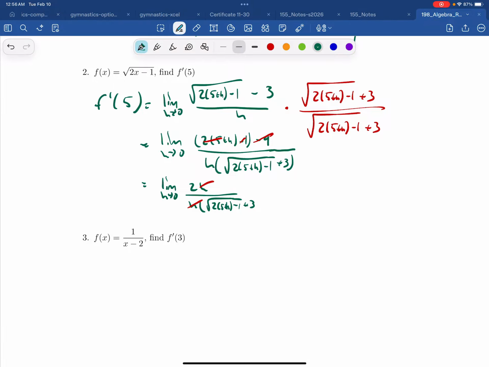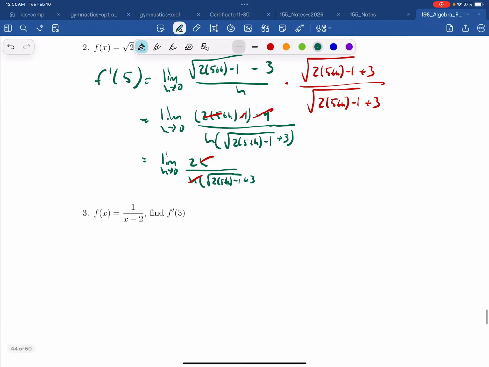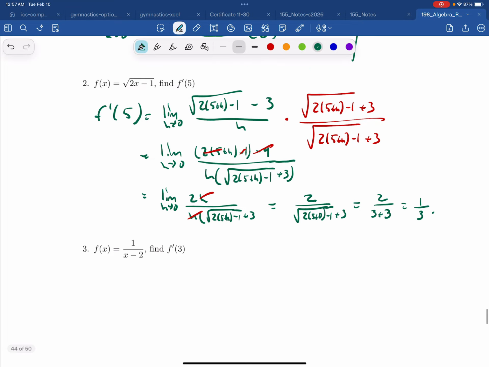Note that we're always dividing out by that 0 on the bottom. Okay? And we just plug stuff in. We get 2 over, what is this? The square root of 2 times 5 plus 0 minus 1, plus 3. And that winds up being 2 over 3 plus 3, which is 1/3. Right? And that's our answer, 1/3.